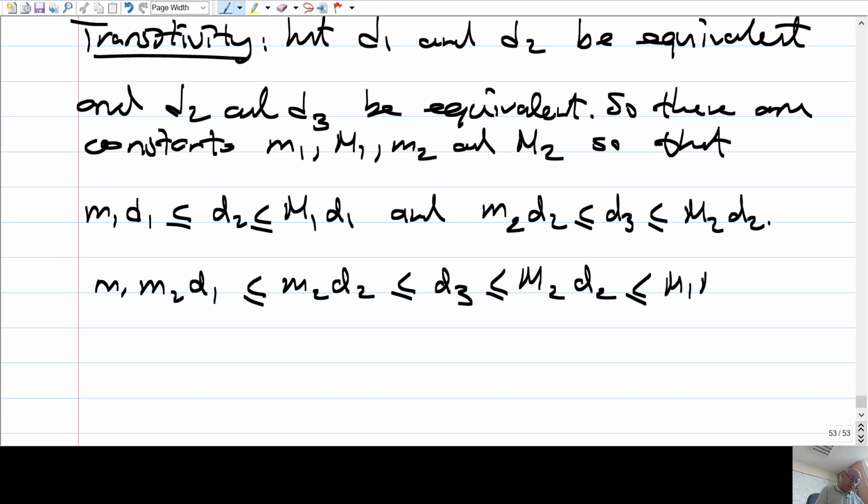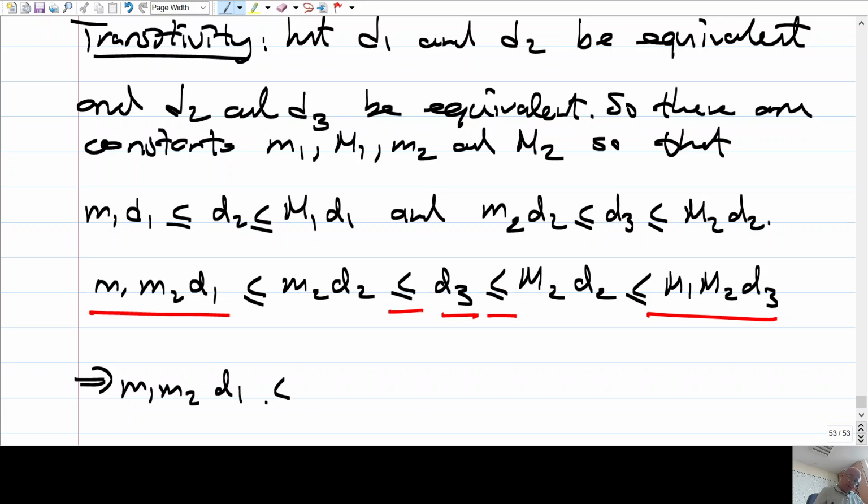So I have M1 M2 D3. So now it is more symmetric. It's looking better. So M1 times M2 times D1 is less than D3, and this is less than M1 M2 D1.